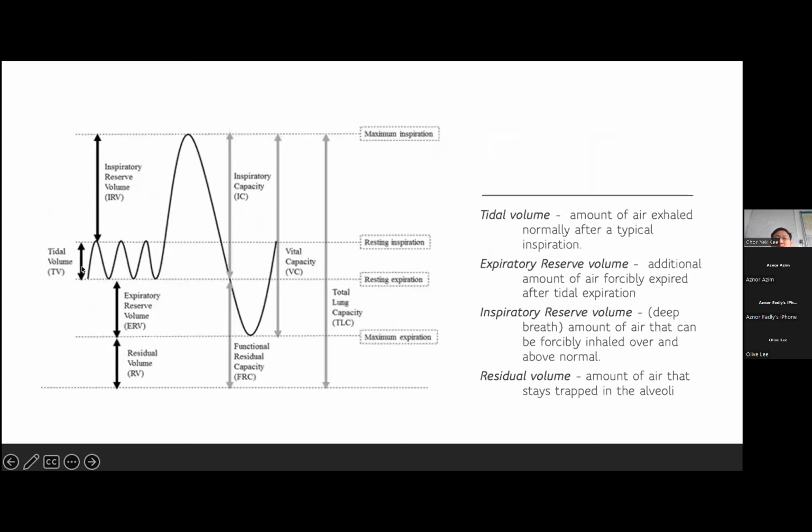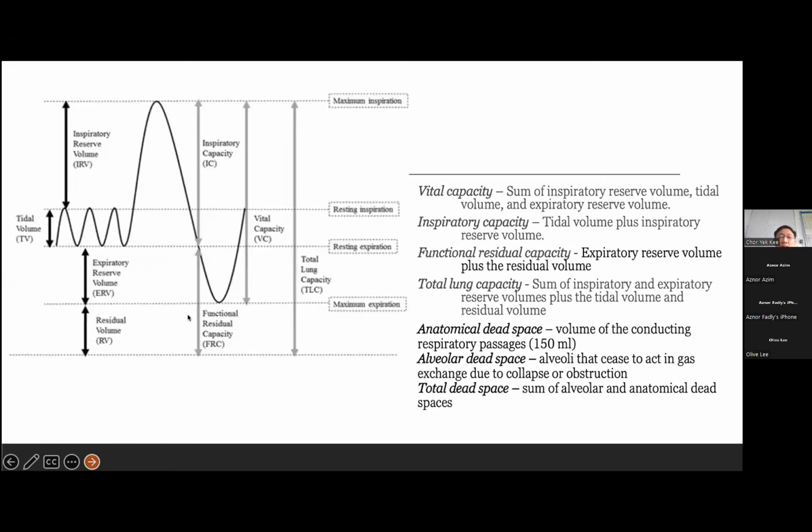In this graph, the smallest volume, the tidal volume, is the amount of air that goes in and out of our body during a typical breath. Expiratory reserve volume is the additional volume that we forcefully expire. Inspiratory reserve volume is the additional volume that we take in with a deep breath. Residual volume is the amount of air that stays trapped in our alveoli.